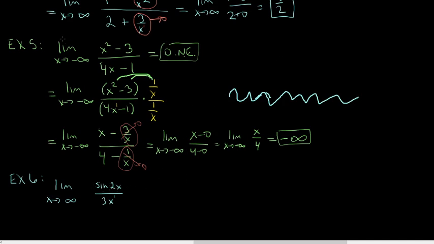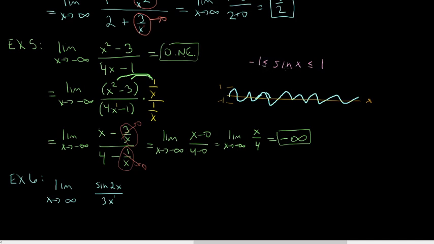Sine of 2x may not be a constant. However, if I drew a better graph, I could do this a little better. Here's the x-axis, here's the y-axis. Basically, the sine graph is bounded. It's between 1 and negative 1. You may not remember that the range of the sine function is less than or equal to positive 1 and greater than or equal to negative 1.